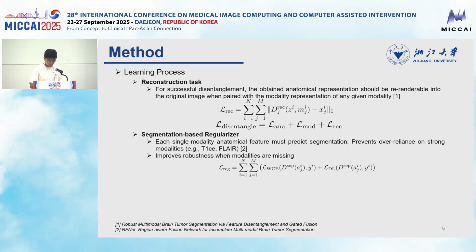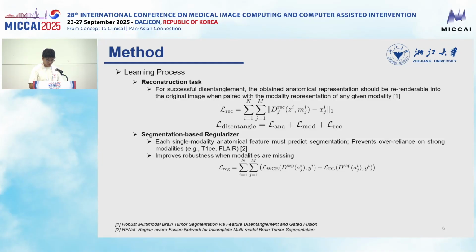Meanwhile, to prevent the model from over-relying on high-sensitivity modalities, we introduce a segmentation-based regularizer. Specifically, the model is required to predict the segmentation mask from a single-modality anatomical representation using a shared decoder.